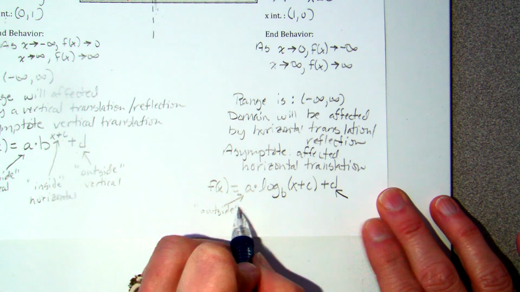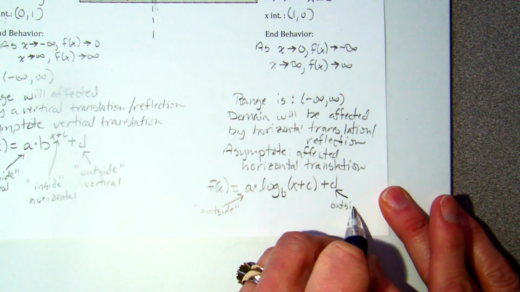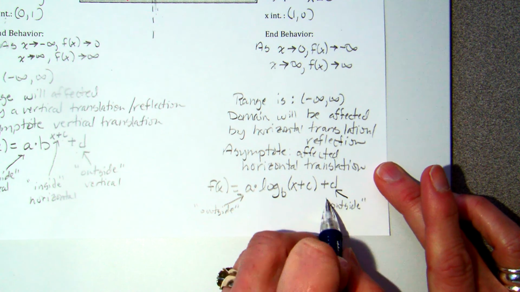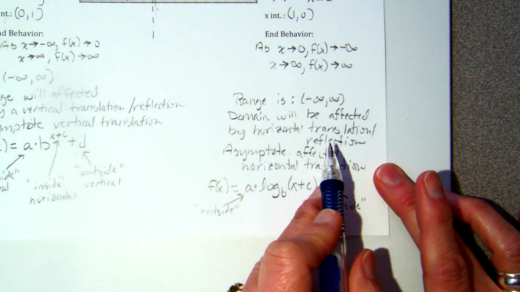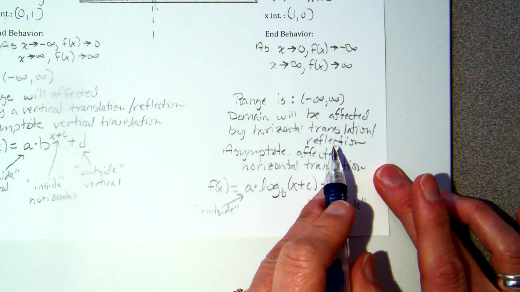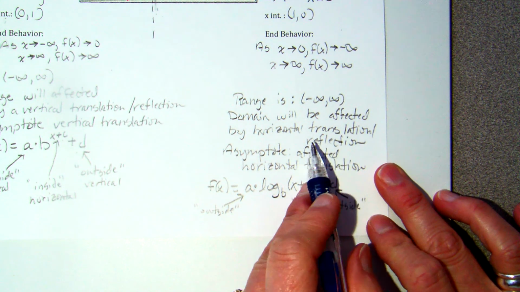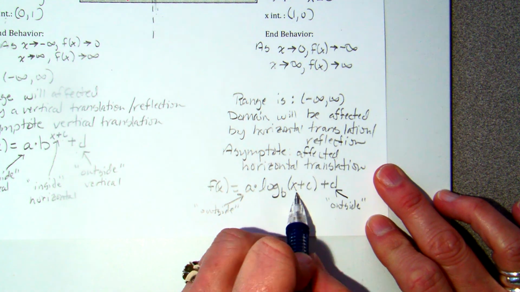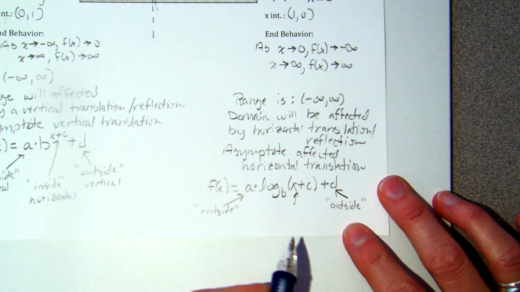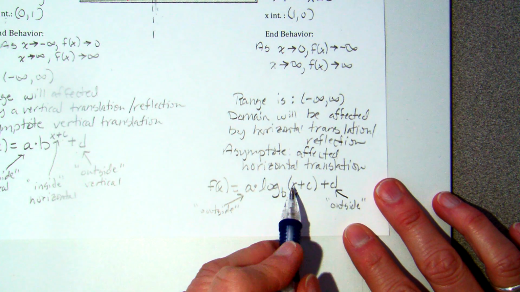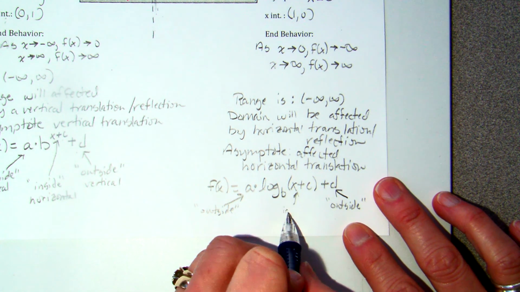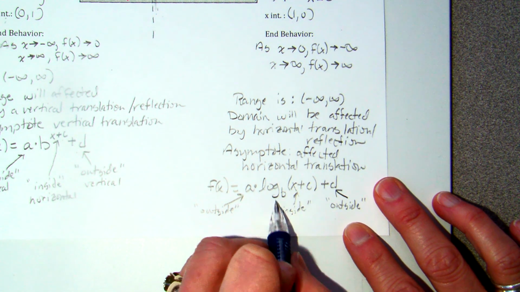That's outside the function. That is moving you up and down. Well, guess what? Vertical does not affect anything because the range can't be affected here. It's all real numbers, and vertical doesn't change the domain. This right here, this inside is what's going to affect your domain.